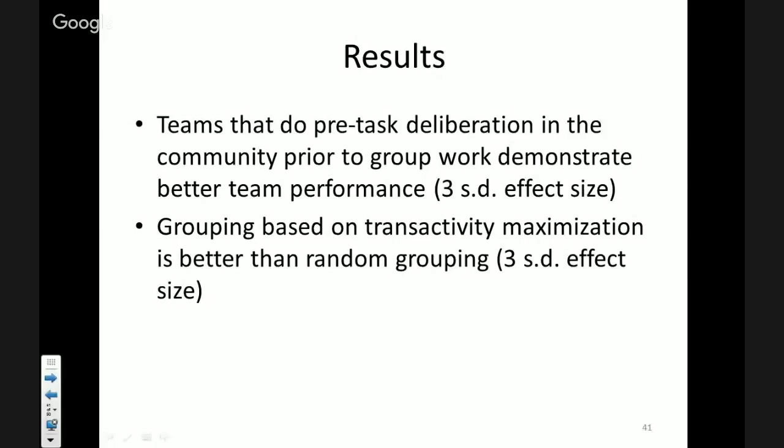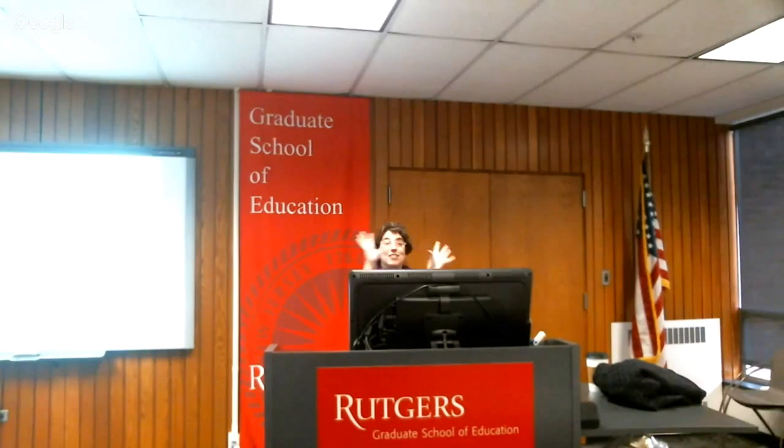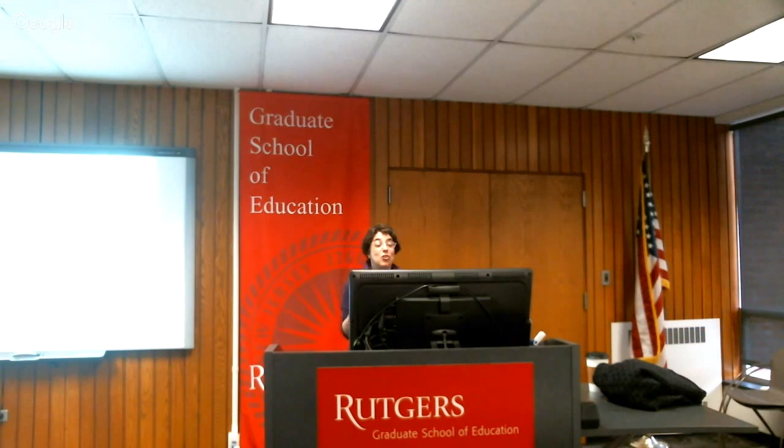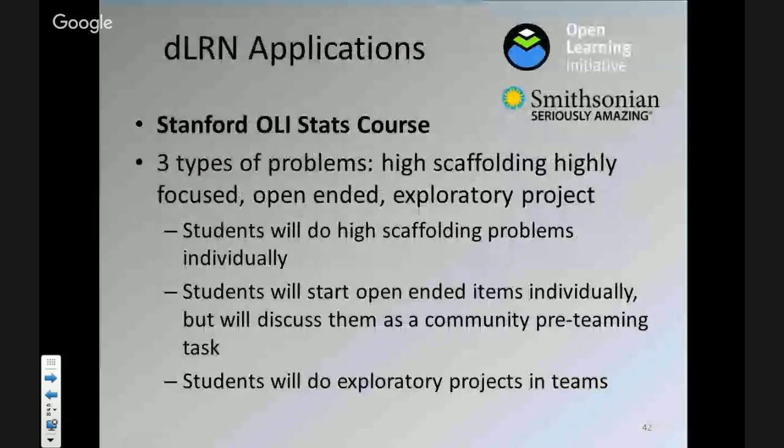So 2 3-standard-deviation effects on top of each other give us an indication that even though this MTurk environment is arguably not a real MOOC, there's a reason to try now to take this paradigm and implement it in a MOOC. So we're going to work with Stanford on their statistics course to integrate this. They now have 2 kinds of problems, more scaffolded focused problems and slightly more open-ended data analytics problems.